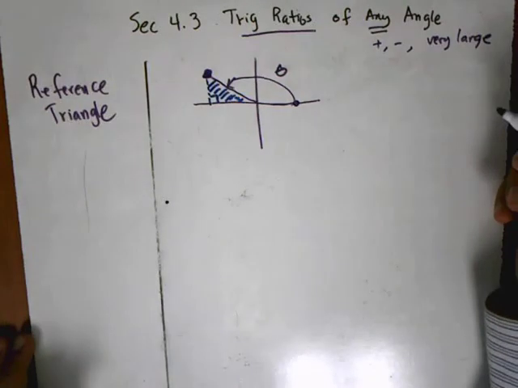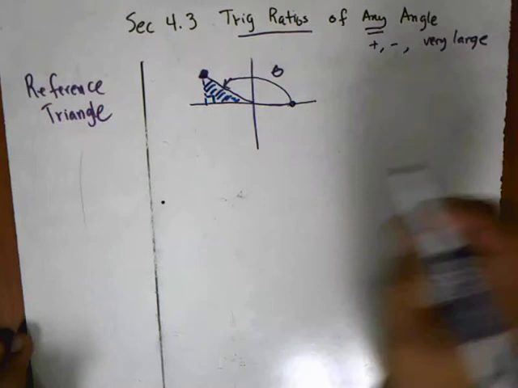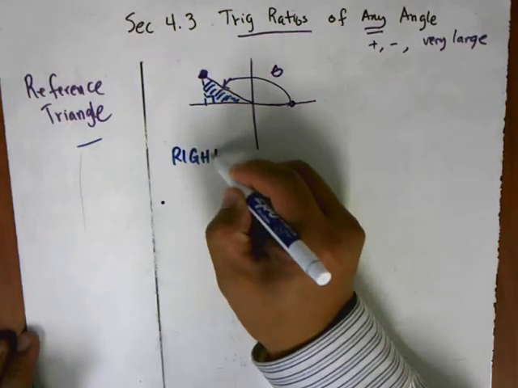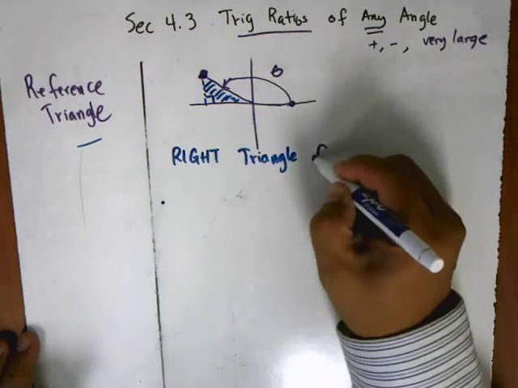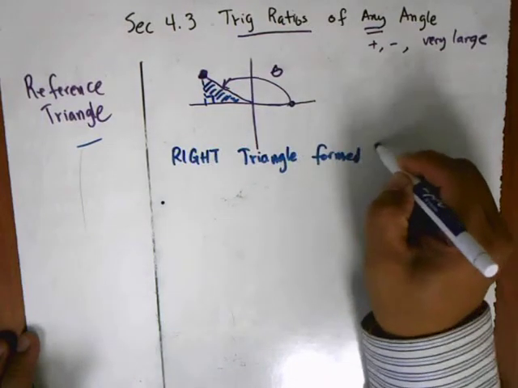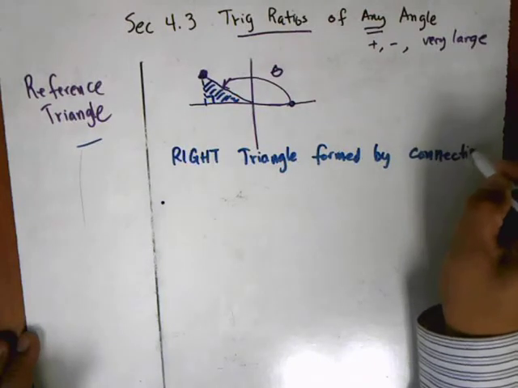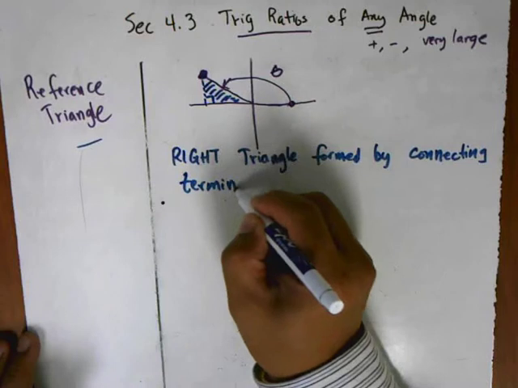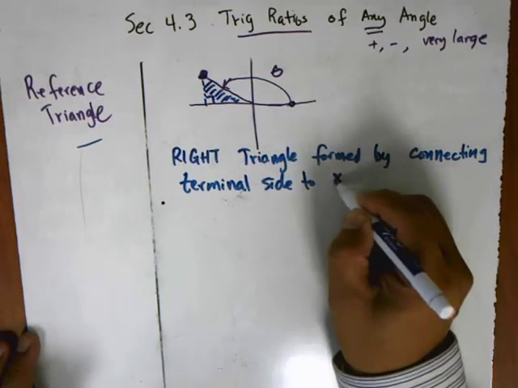Okay? And so to explain and define this term, a reference triangle is a right triangle formed by connecting the terminal side to the x-axis.